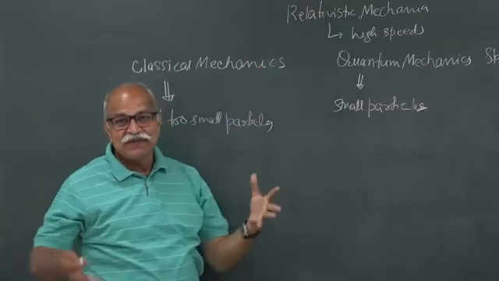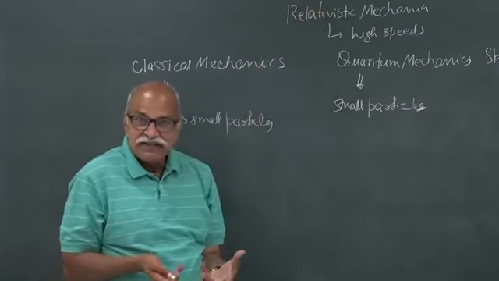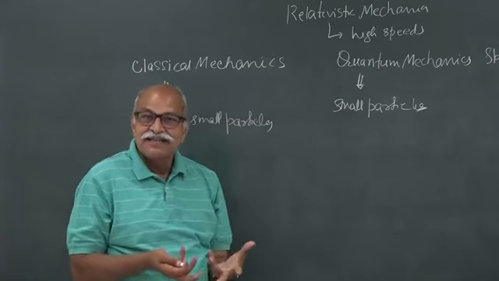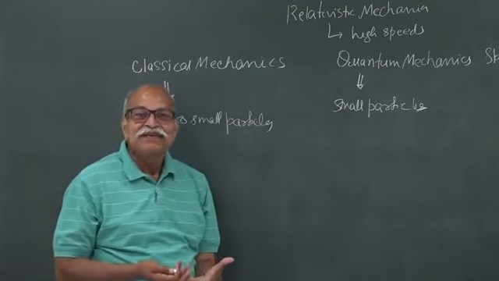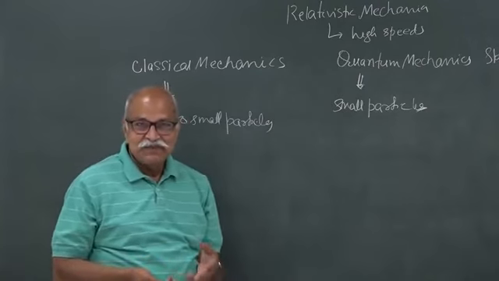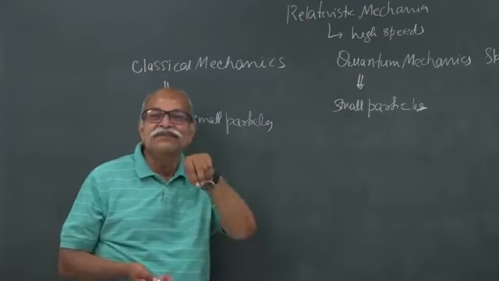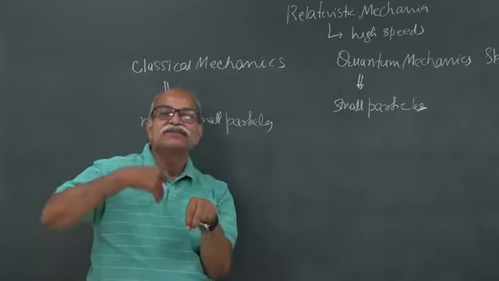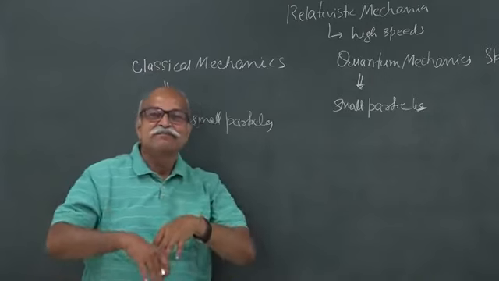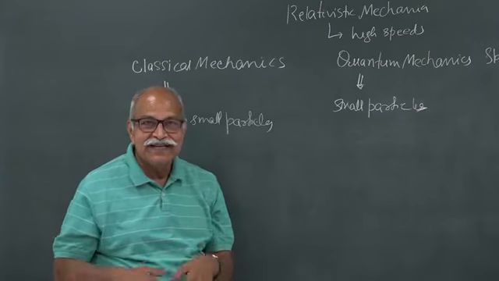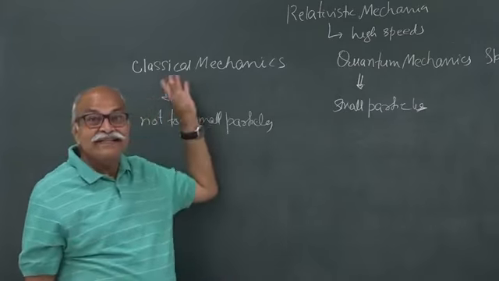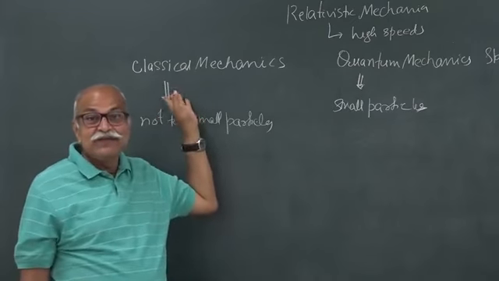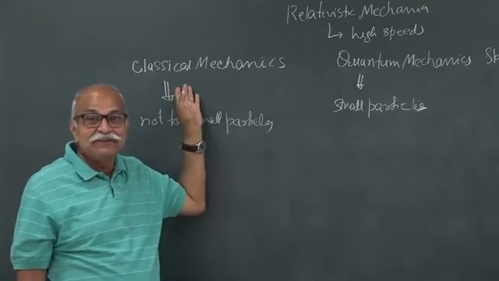For example, when you have fission or fusion of nuclear particles, the speeds are not very high. A neutron with a very small velocity enters uranium 238, makes it uranium 239, and then it splits. That does not come under classical mechanics. These rules will not be able to explain all that phenomena.